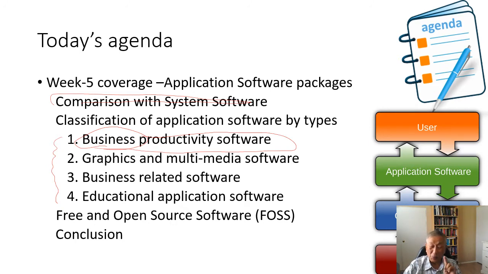That is the most commonly and most universally used software. Almost everybody uses it. Then there's something to do with graphics and multimedia related software. Again, I cannot cover everything, so more of an image related software, I'll just talk about that.